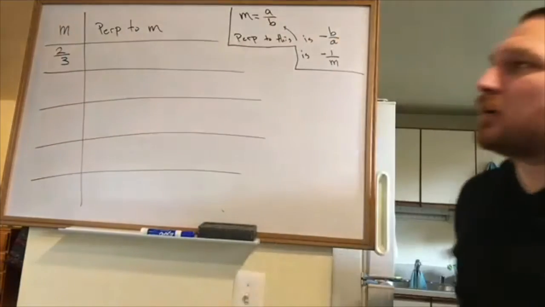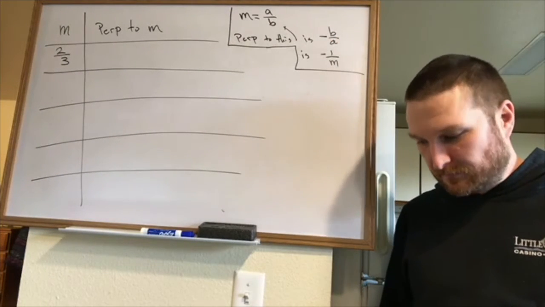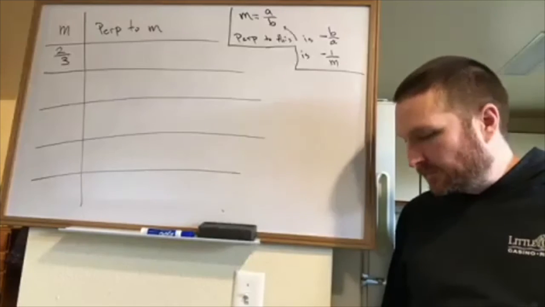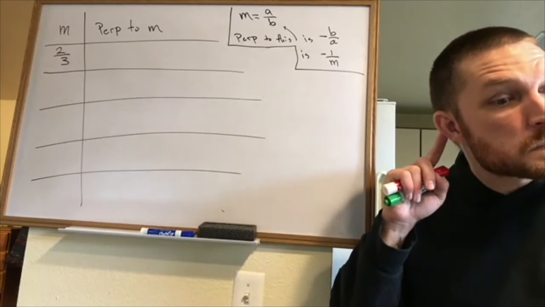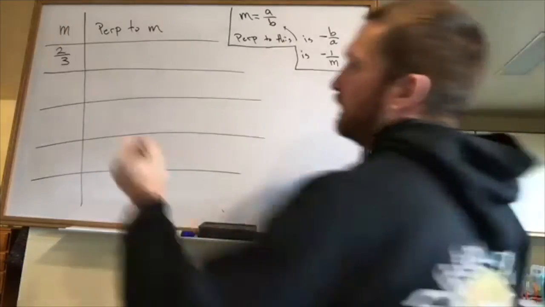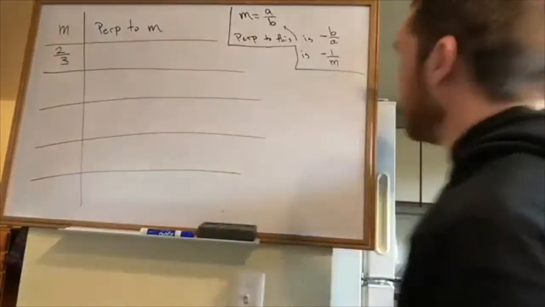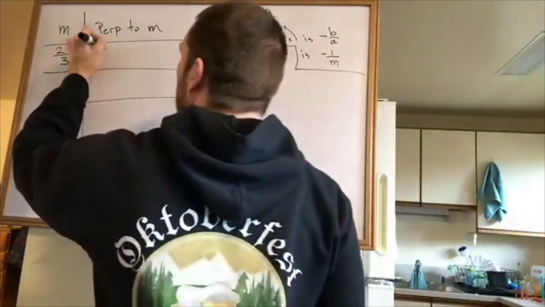What would be the perpendicular slope to 2/3? Would that be -3 over 2? Yes, -3 over 2. So that's when I'm going to use this rule. I see a fraction and I'm going to go, oh, flip it, just like you said, make it negative.